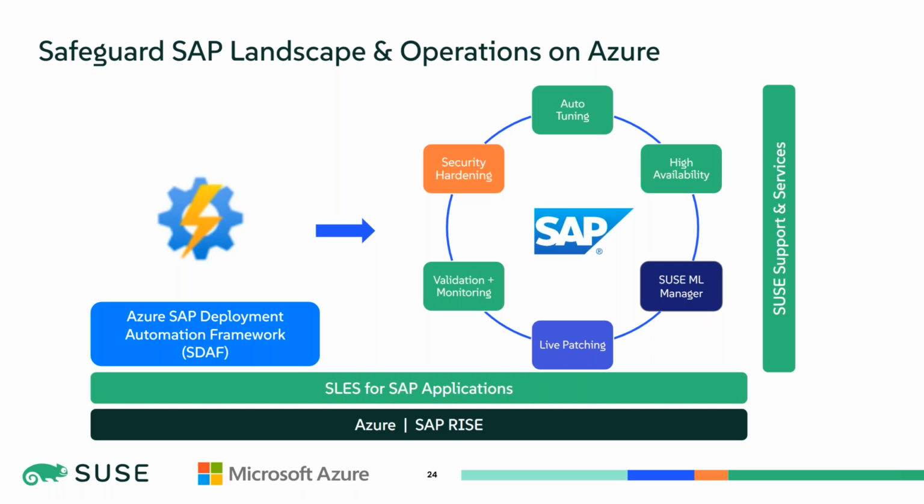Once you move into day 2 operations, within SUSE for SAP we provide various components, from autoscaling through saptune to all the high availability cluster setup, and then SUSE Multi-Linux Manager to ease the lifecycle management of all the SUSE for SAP instances, and also live patching to reduce maintenance downtime, and Trento to help validate and monitor the healthiness of the SAP landscape, especially at the cluster level, and then the security hardening that we already mentioned.